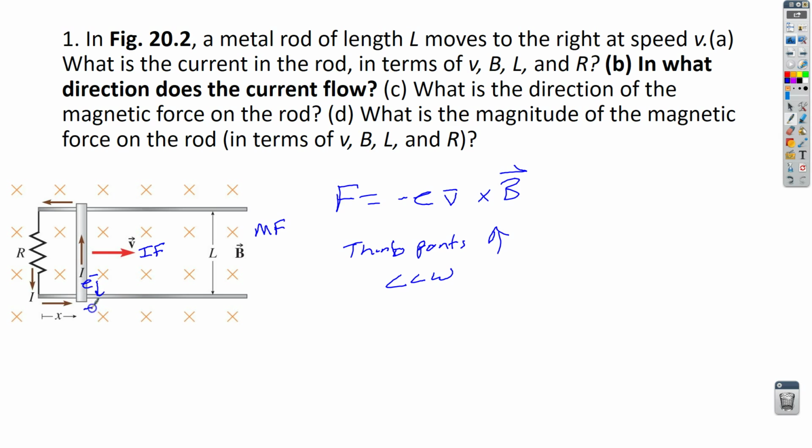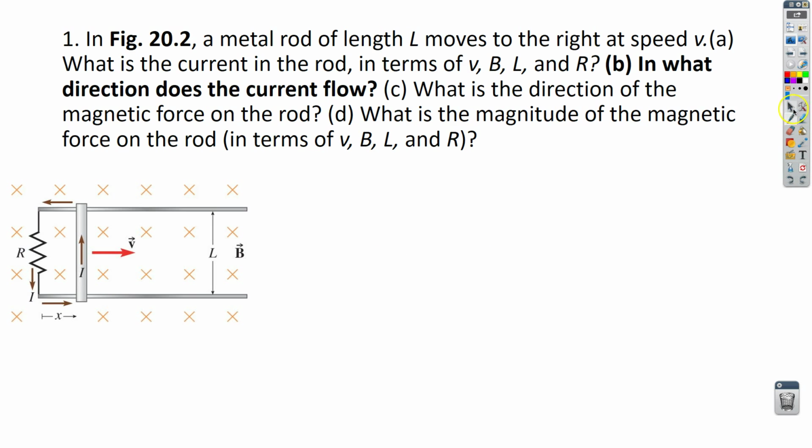If that's true, this end becomes negative, this end becomes positive, and we know current always goes from positive to negative. So that's why this one confuses some people. We don't want the force on the electrons. We do it first because we want to know the electrons are moving clockwise, but current, remember, is always the opposite of the flow of the electrons. And we can thank Ben Franklin for messing that up.